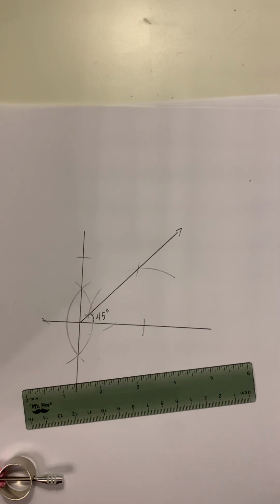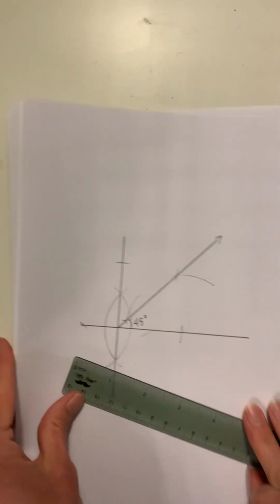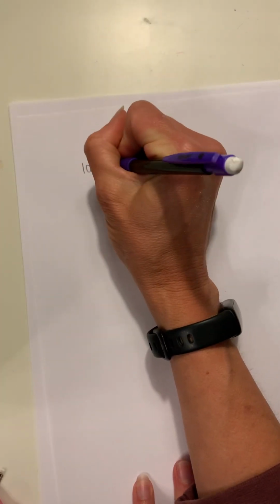Then the very last thing is that we can add these up to create different sized angles. So maybe they ask me to give an angle that is 105 degrees. Okay, what do we know that we can add together to make 105?